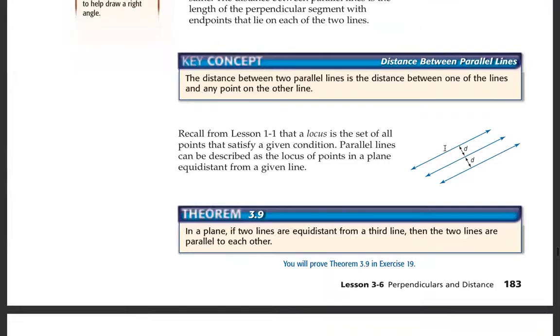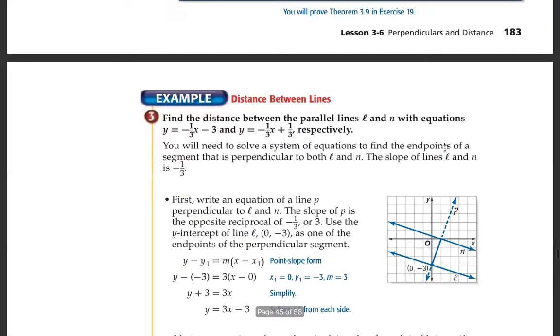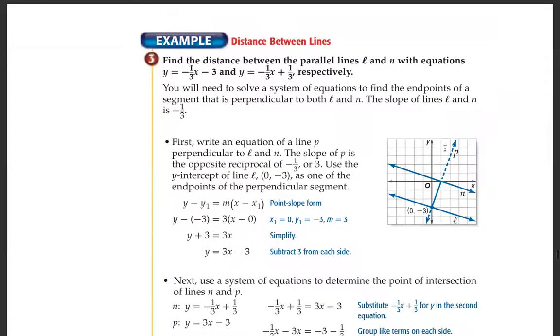Now let's focus on this lesson here, finding the distance between lines. You will be given two equations. Find the distance between the parallel lines L and N with equations y = -1/3 x - 3 and y = -1/3 x + 3 respectively.